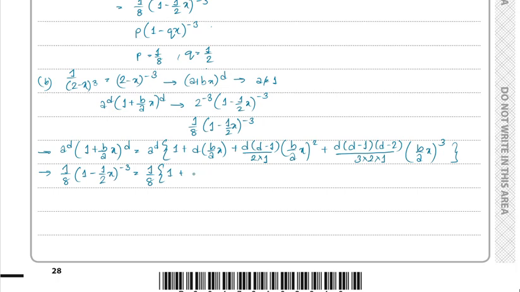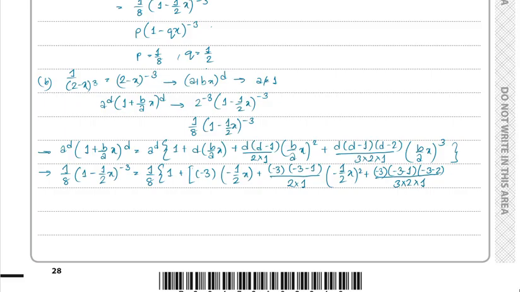Bracket 1 plus d, which was minus 3, multiplied by minus 1 by 2 x, plus minus 3 multiplied by minus 3 minus 1, divided by 2 multiplied by 1, multiplied by b by a, which is minus 1 by 2 x squared, plus minus 3 multiplied by minus 3 minus 1 multiplied by minus 3 minus 2, divided by 3 multiplied by 2 multiplied by 1, and b by a is minus half, so it will be minus half x to the power 3, bracket close.